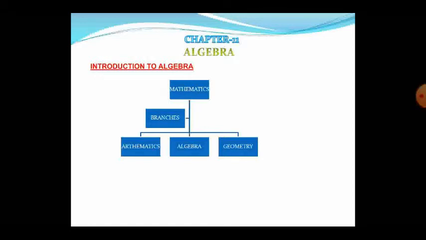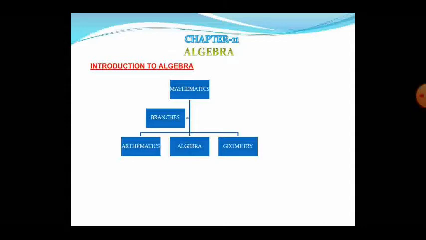In geometry, you learned about shapes, solid shapes, plane figures, solid figures, construction, area and perimeter. These all come under geometry.